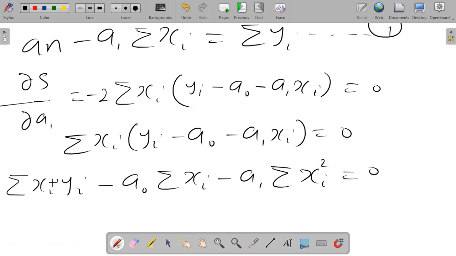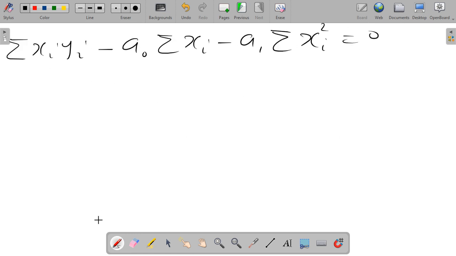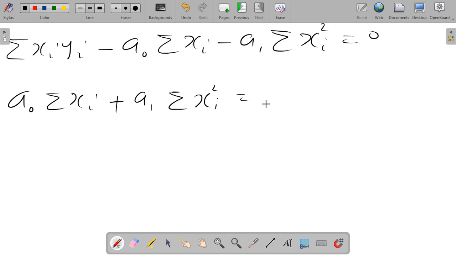Let the one that has y be on the other side. Moving all the ones with minus, I'm going to have a naught summation xi plus a1 summation xi squared is equal to the one remaining here, summation xi yi. Equation 2.